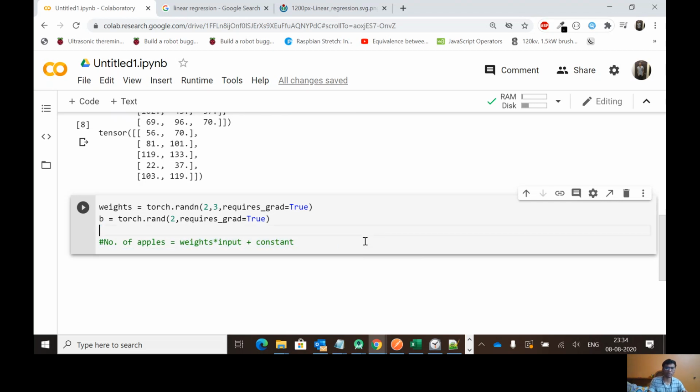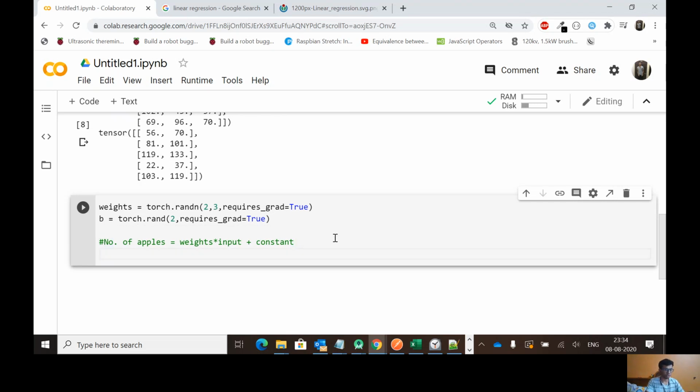But if you are a high school student, then you know that if you want to multiply matrices, let's say one matrix M1 has R rows and C columns, and you want to multiply it with M2 that also has R rows and C columns, then the inner dimensions should match.